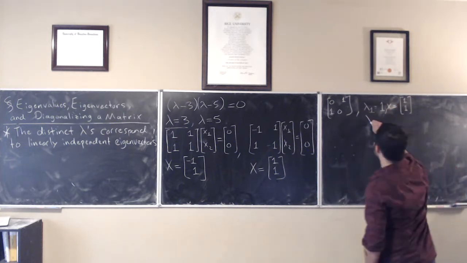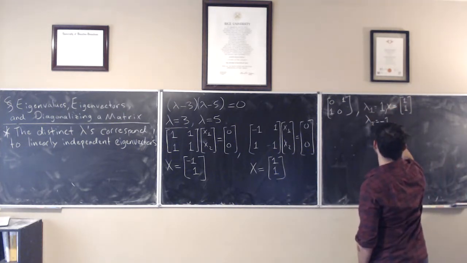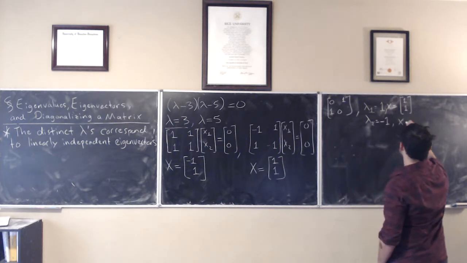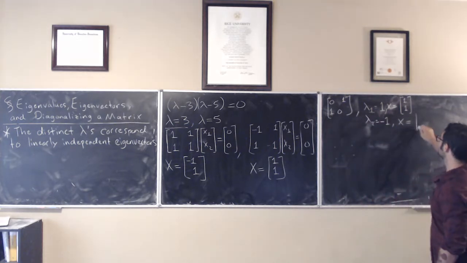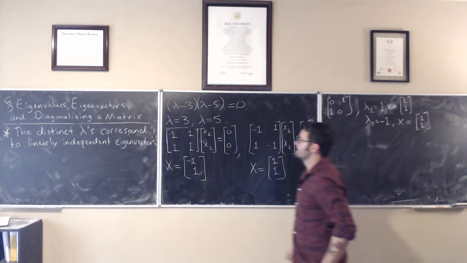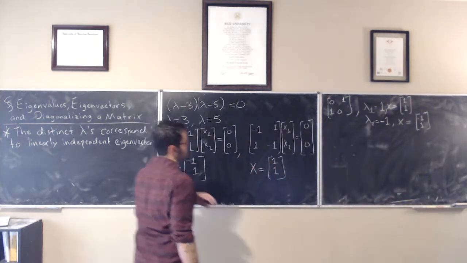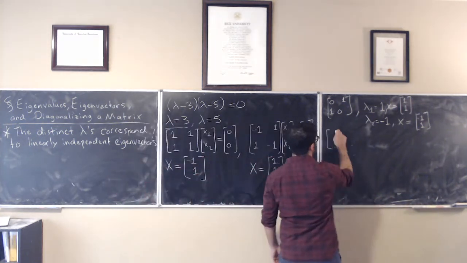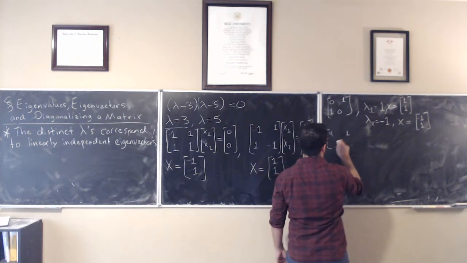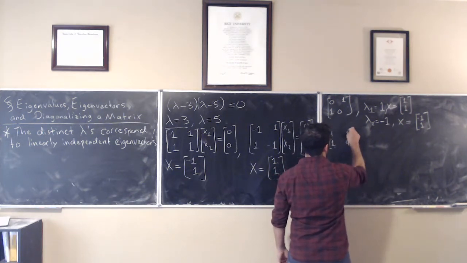And then we also had lambda 2 equals -1. And for that eigenvalue, the eigenvector was -1, 1. And what was the matrix that we started off here with? We started off with 4, 1, 1, 4.